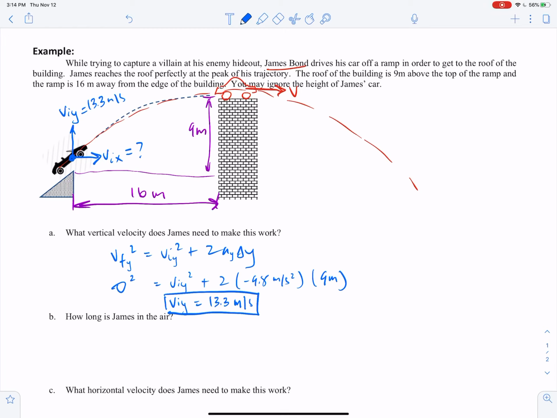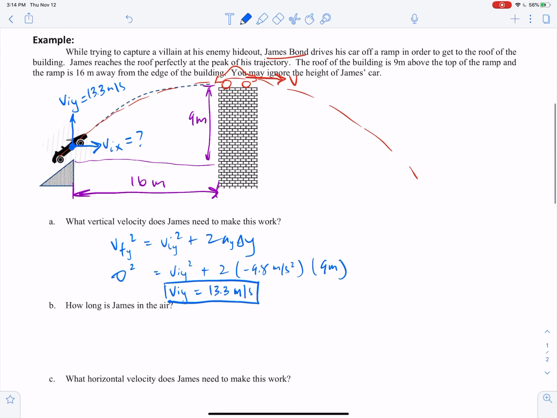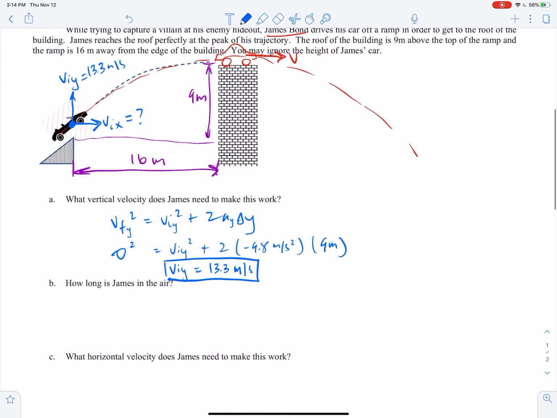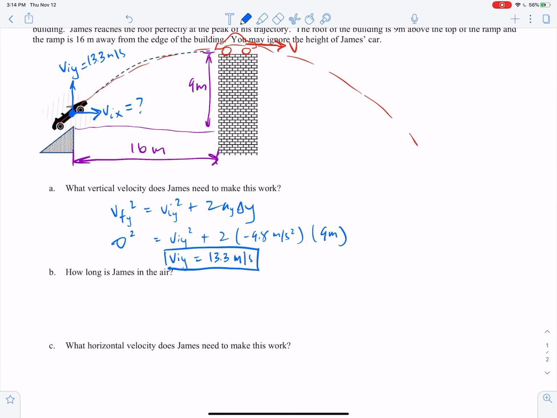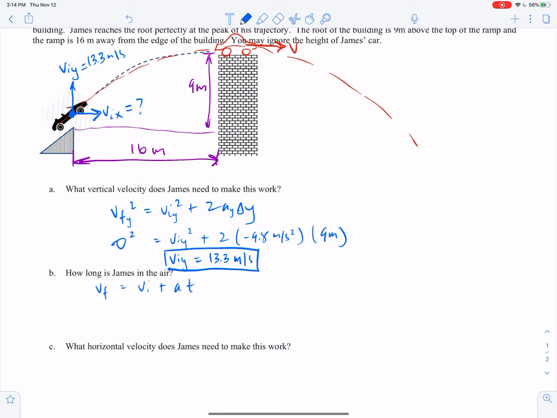Okay, what's the time? Well, I could do this a couple of ways, but I'll choose just one approach. The final velocity is going to be equal to the initial velocity plus the acceleration times the time, and we're thinking vertically on all of these. The final vertical velocity at the peak of the building is 0.